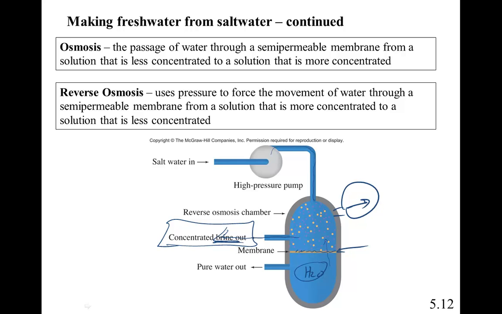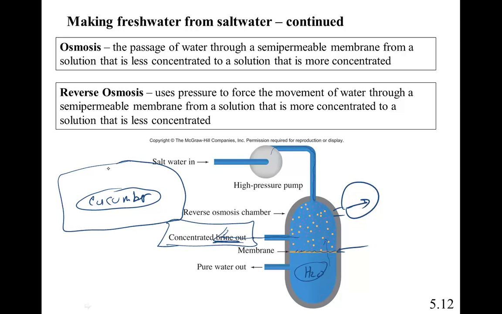To give an example of that, here's your cucumber. What do we do with cucumbers? We put them in a brine solution, which is a salt solution, and the water from the cucumber goes out through the skin of the cucumber, which is the membrane, and what we get is this crinkly looking thing like this that we call what?